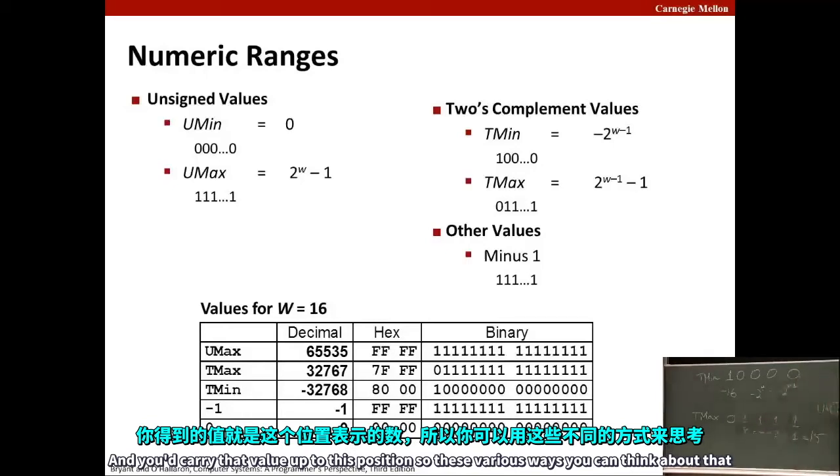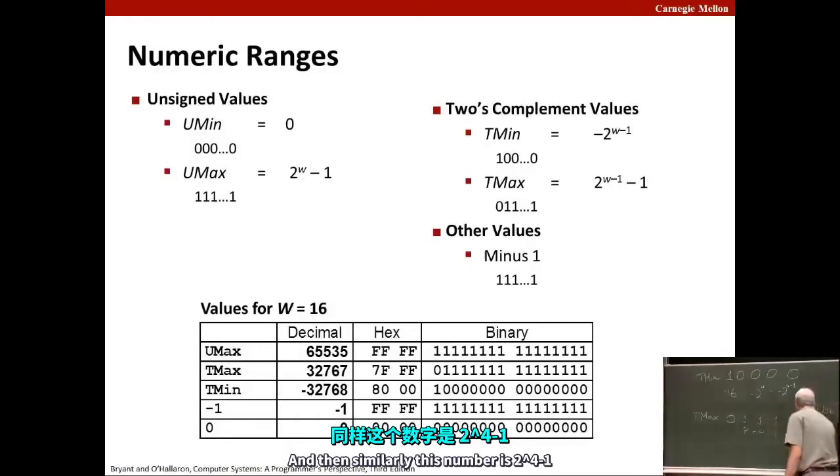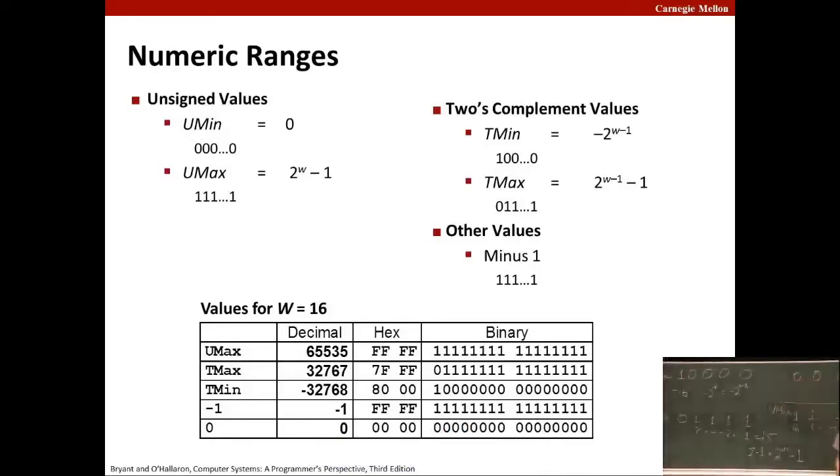So there's various ways you can think about that. And then similarly, this number is 2 to the 4th minus 1. And so that's equal to 2 to the W minus 1 minus 1, as is shown here.